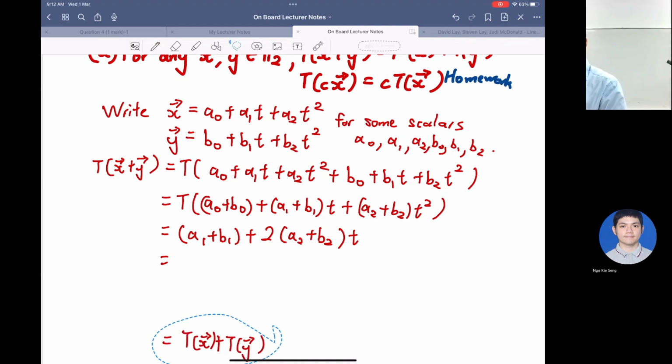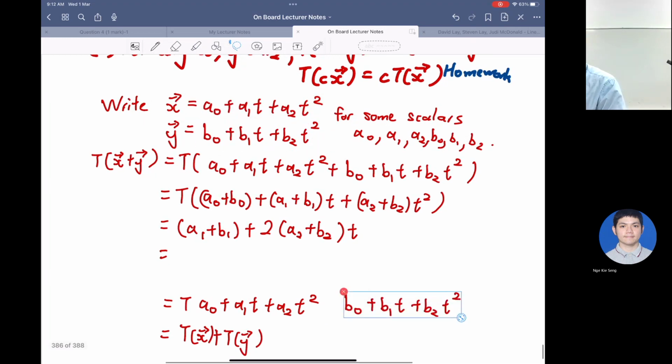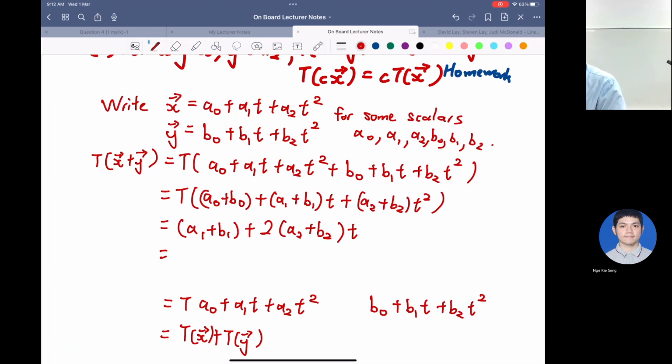Or maybe we do backward. So what is T(x) plus T(y)? T on this thing, and then T on the other thing. Here T on this, we get a1 plus 2a2 t, plus b1 plus 2b2 t.